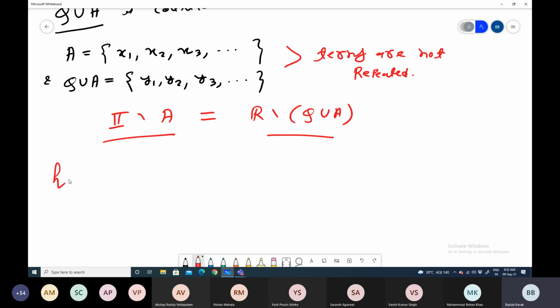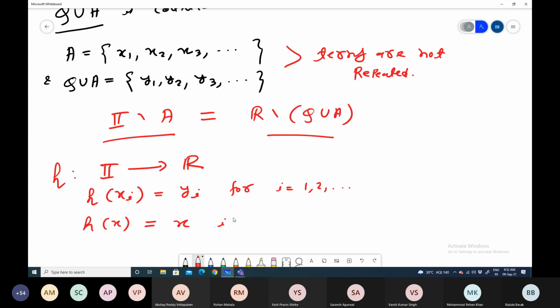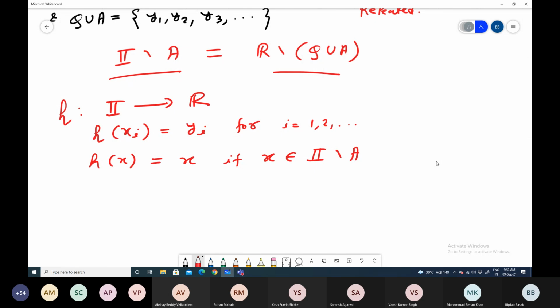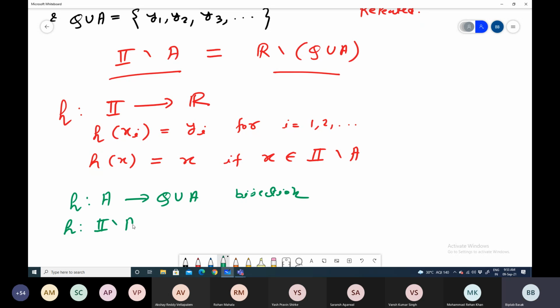Now we can define a bijective function H from I to R. We define H of xi equal to yi for i equal to 1, 2, 3, and so on, and H of x equal to x if x belongs to I minus A. So what we have done is defined a function H, a bijection from A to Q union A, and H from I minus A to R minus Q union A, also a bijection.